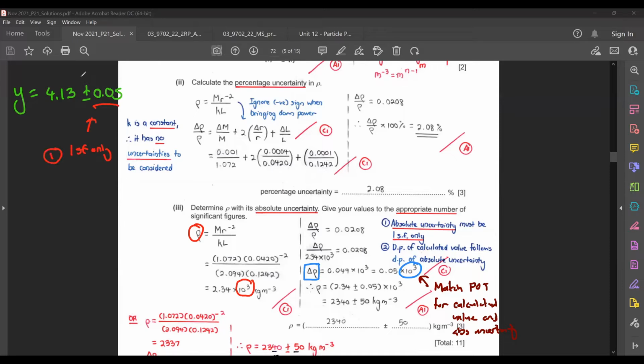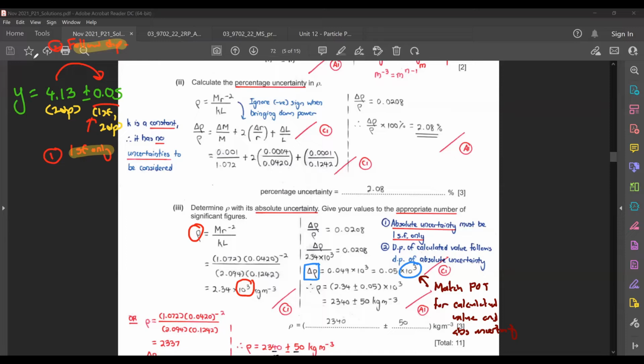This is rule number 1. And then rule number 2 is that you need to follow the DP. So in my case, you can see that this one was 1 SF, 2 DP. So when you express it, it must be 2 DP. Okay, that was the rule. Always look at the SF of your absolute uncertainty first, only then you match your calculated value DP.